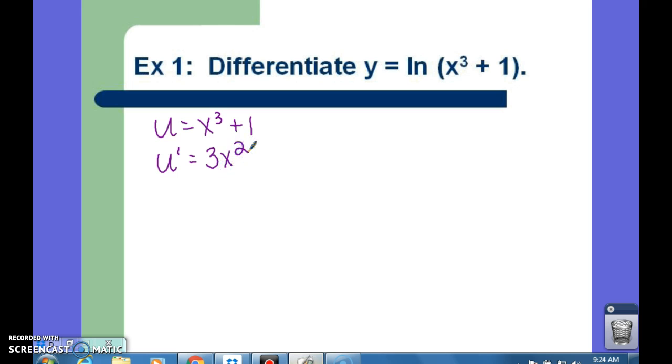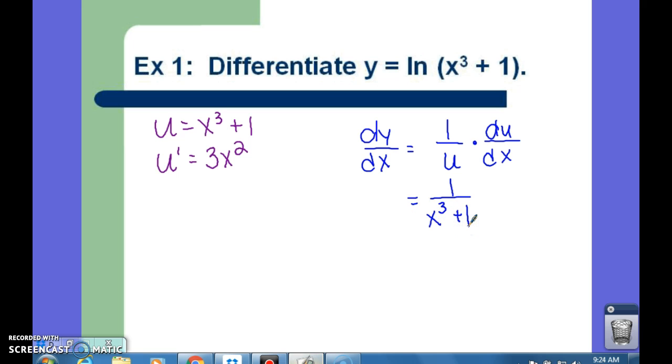So that means dy dx is 1 over u times du dx. So it would be 1 over x cubed plus 1 times 3x squared, or it's 3x squared over x cubed plus 1.